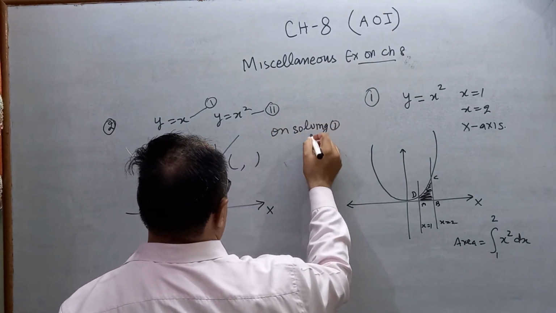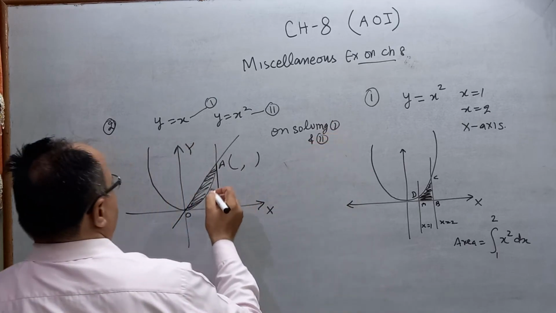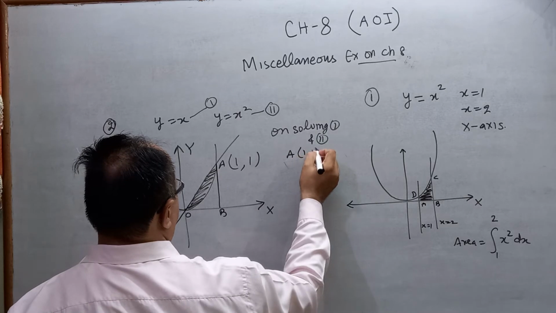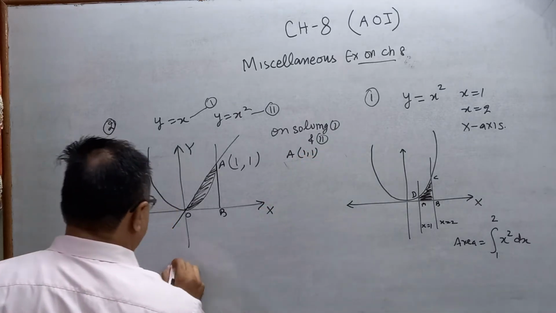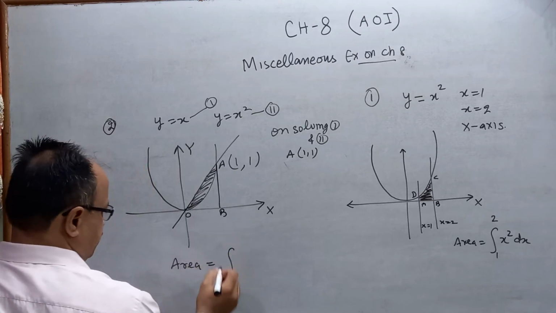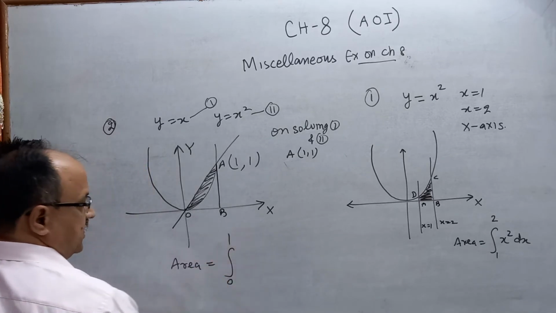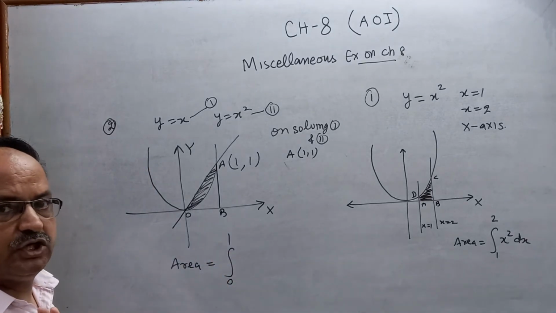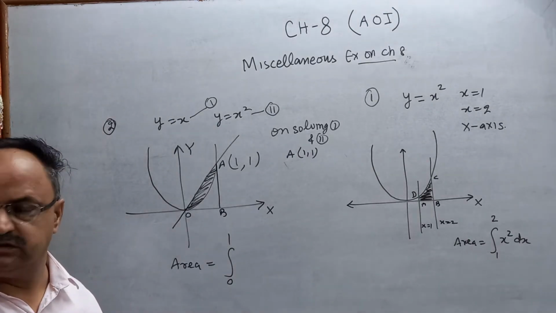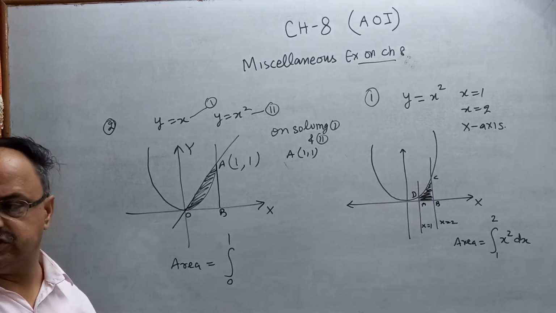On solving equation number 1 and 2, that is 1, 1. Coordinate of A is 1, 1. Therefore, required area is integration, limit 0 to 1. This area lies between 2 functions.